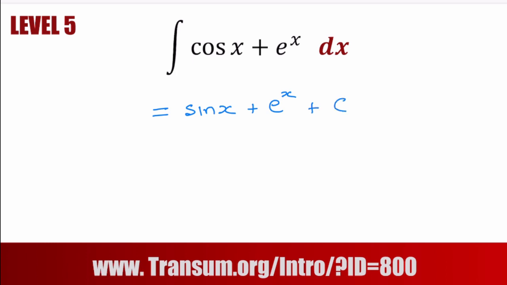Let's not forget the constant of integration. That's all there is to it. So the questions in the exercise at level 5 will get a little more tricky, but that's the basics of it. Have a go. If you get stuck, talk to your teacher. Otherwise, come back here when you're ready for level 6.